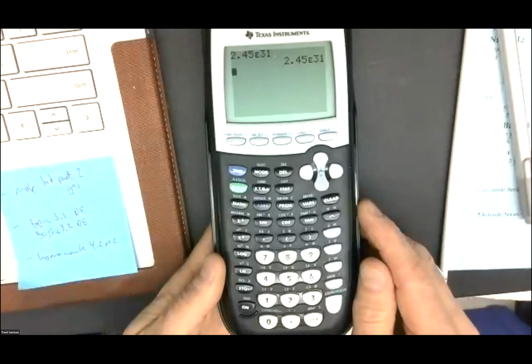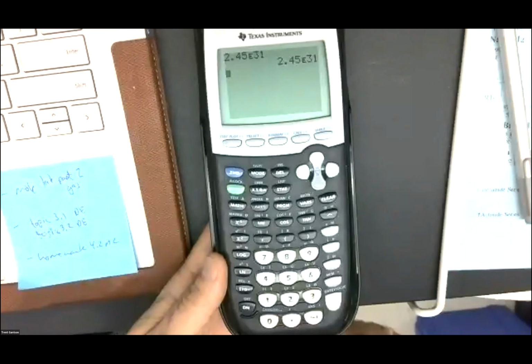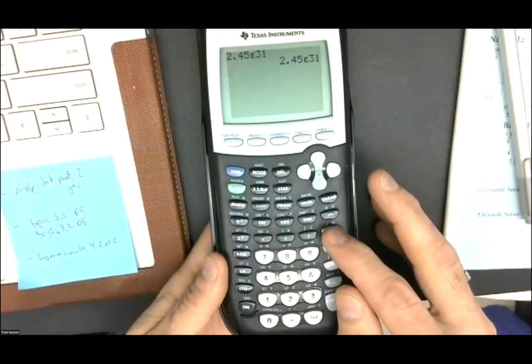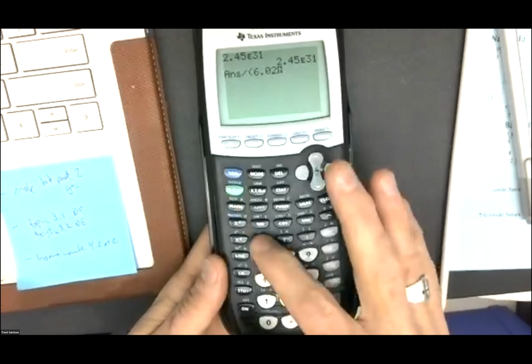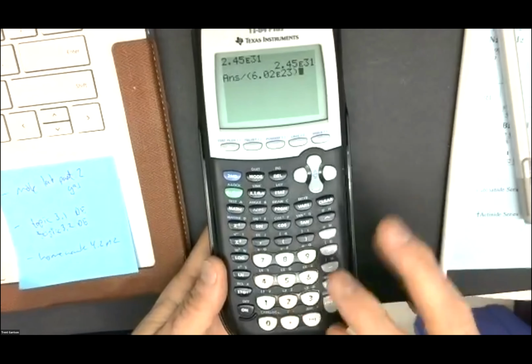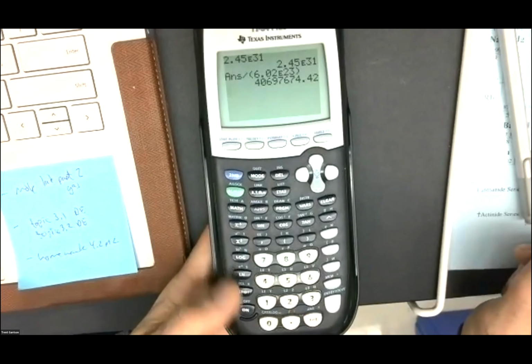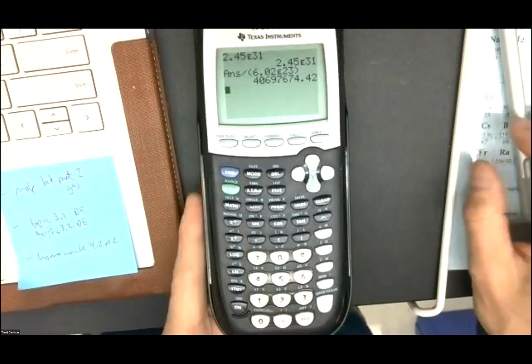If you don't push the enter button, you get wrong answers. If you don't put parentheses, you get wrong answers. Divided by parentheses, 6.02 second EE 23. And what you get is the exact same answer, 4.07 times 10 to the 7.